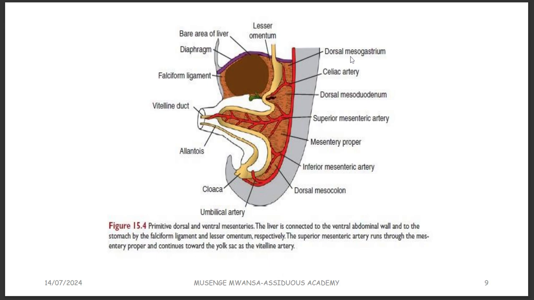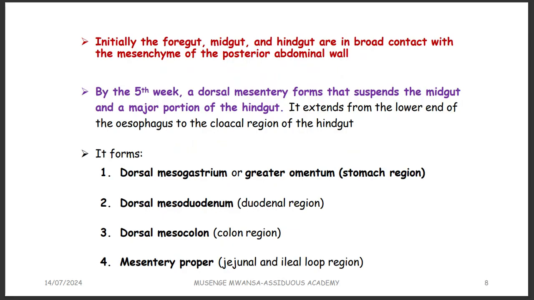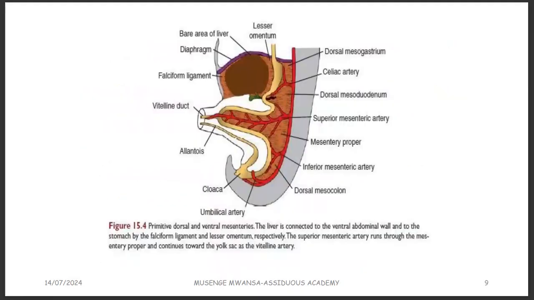So I've got a dorsomesogastrium. The word meso, just gastrium is meaning stomach. So attaching to the stomach, like holding the stomach to the posterior abdominal, that's dorsomesogastrium. Like for these messengers, you just hear meso, meso, meso.